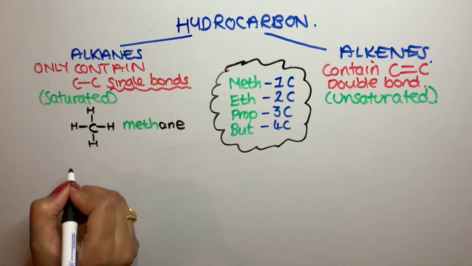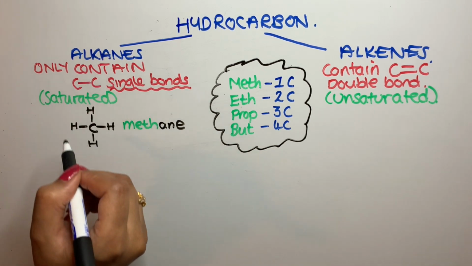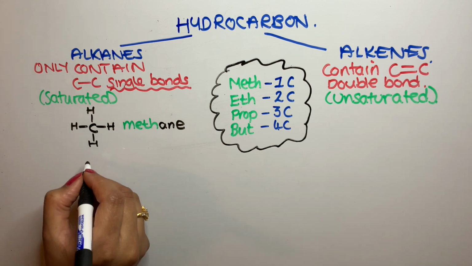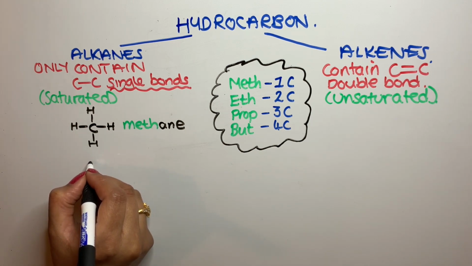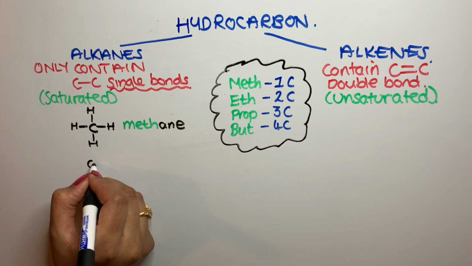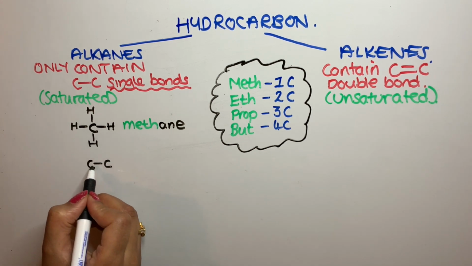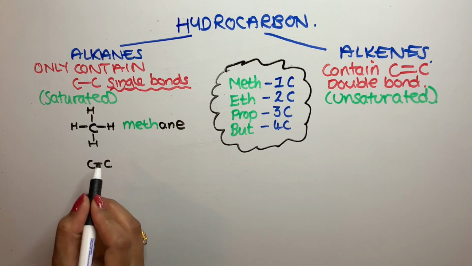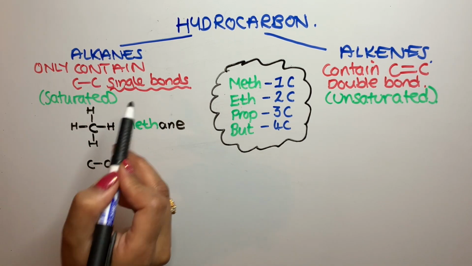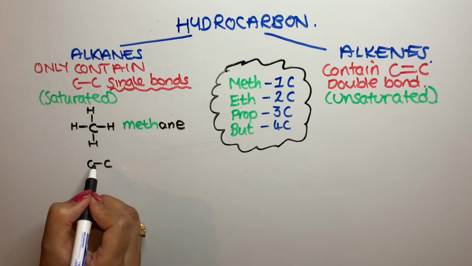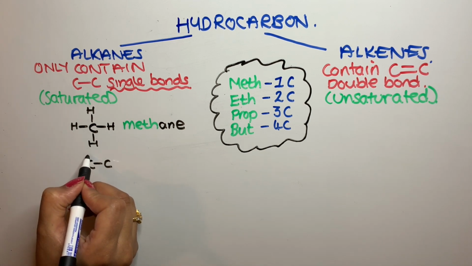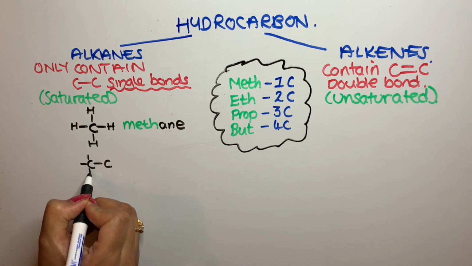Now, if I look at the second alkane, first of all, if it's the second, I'm going to have 2 carbon atoms. So firstly, I draw my 2 carbon atoms bonded together with a single bond, because alkanes only have single bonds. Now, if I look at my first carbon atom, it has 1 bond there, so it needs 3 more bonds.